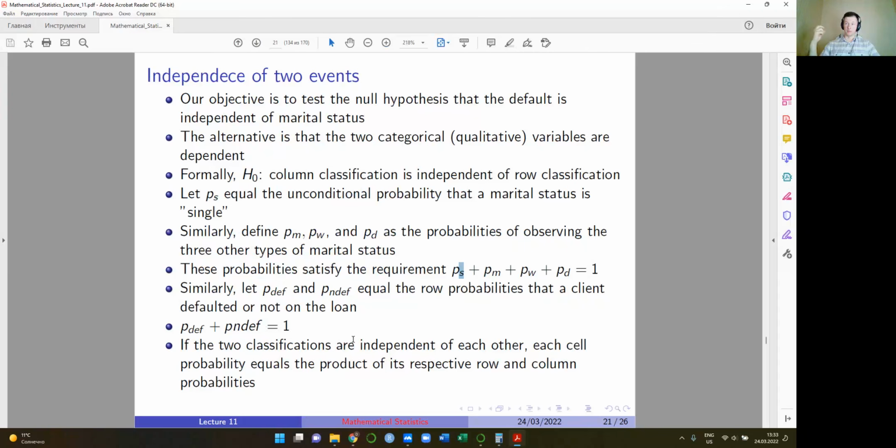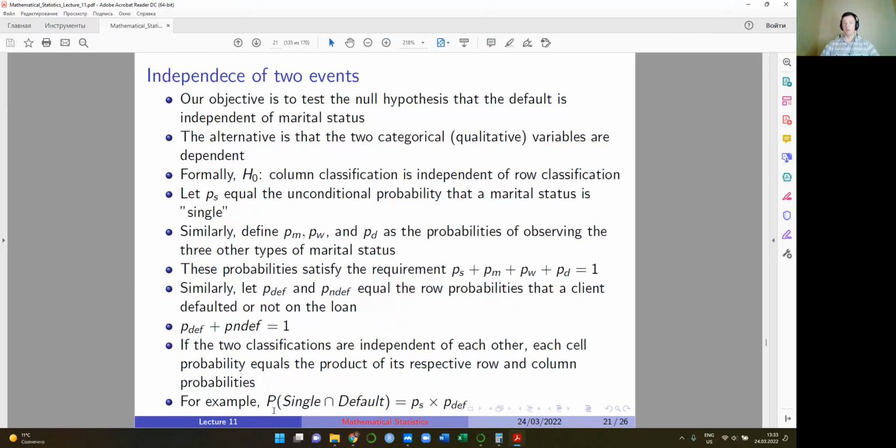And from probability theory, we know that two events are independent of each other if the cell probability, so the probability that you will select a single not defaulted person, equals the product of row and column probabilities.